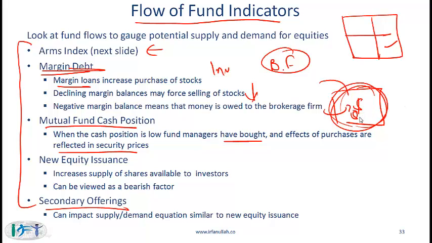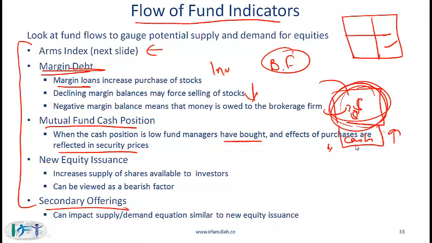A mutual fund typically will not put 100% of the money into stocks. It will keep some money in the form of cash or cash equivalents. If the mutual fund manager is very bullish on stocks, then the cash balance is going to be low. If the mutual fund manager is bearish, then the cash balance is going to be relatively high.